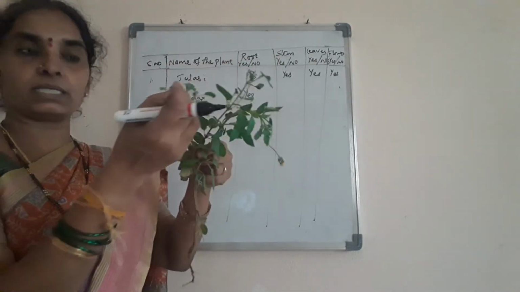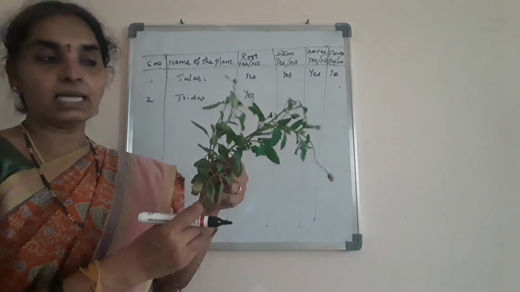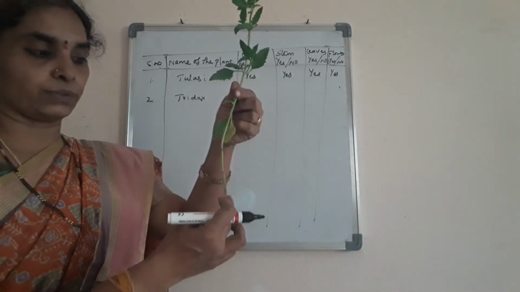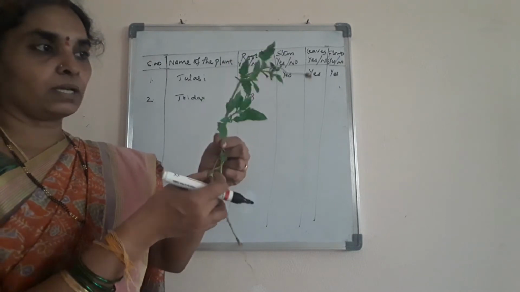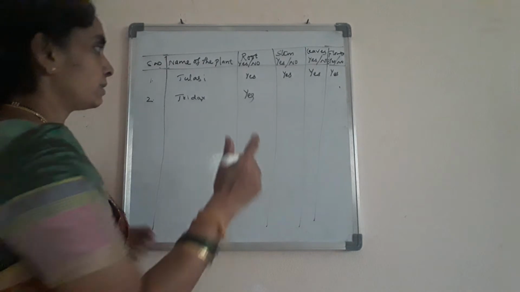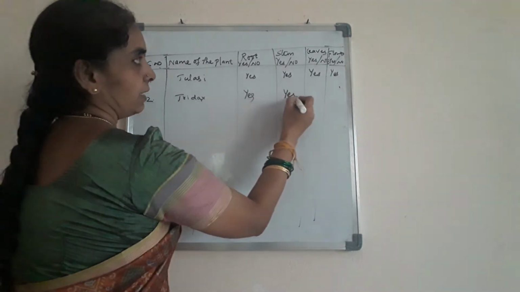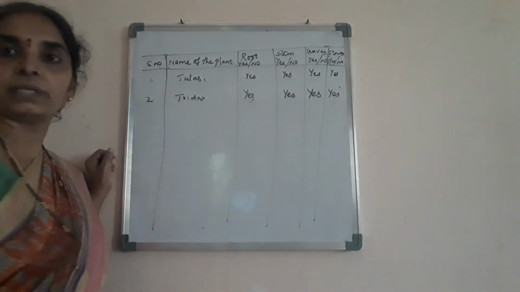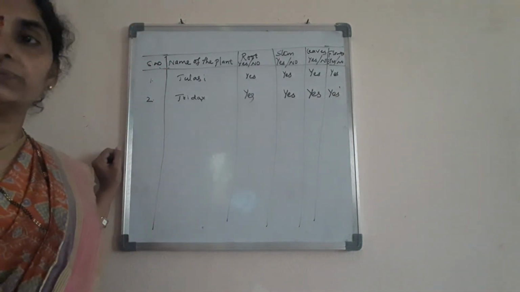For this it did not develop yet, but it has the flowers also. Next, coming to the Tridax, it has the roots, stem, leaves and flower. You can see here, isn't it? Yes, and the stem, yes. Leaves, yes. Flowers also. Yes, you find all these for this.